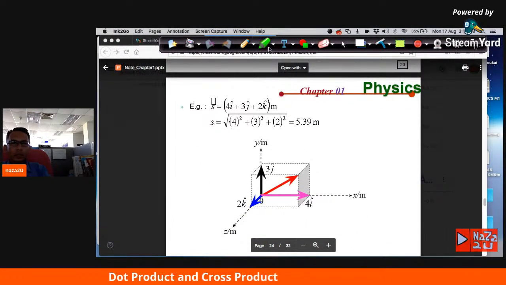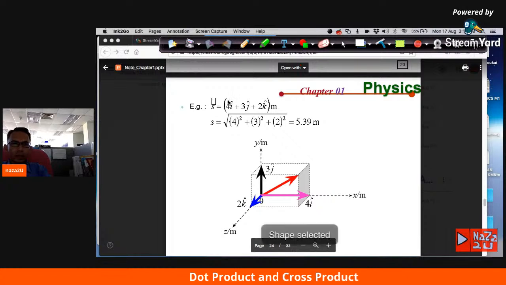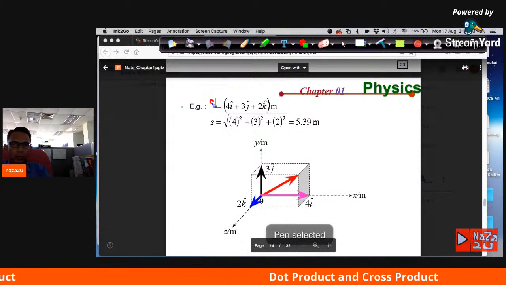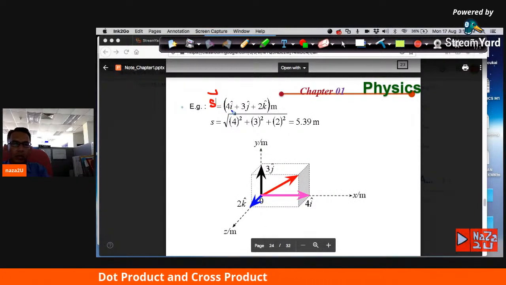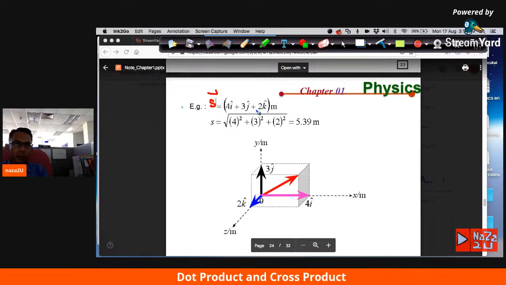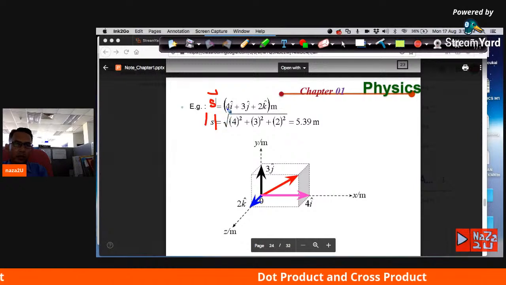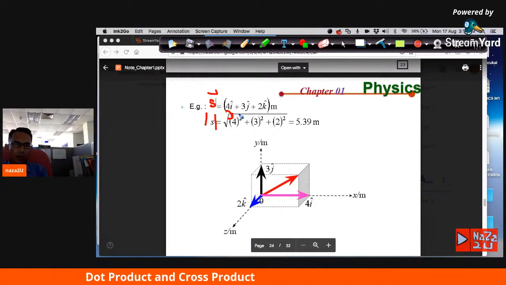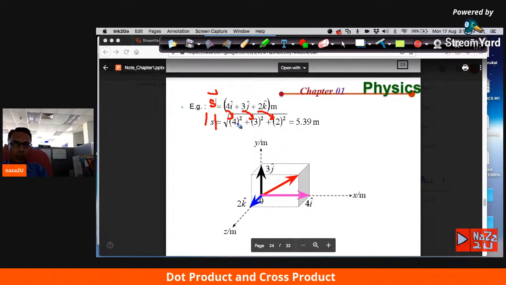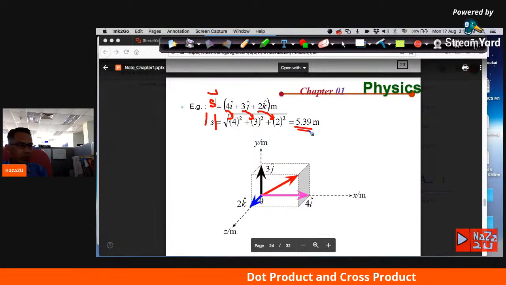If you look at the diagram, you have a vector s. This is vector s, equal to 4i plus 3j plus 2k. Now to calculate the magnitude of vector s, you use 4 squared, 3 squared, and 2 squared: 16 plus 9 plus 4, square root of 29, so 5.39.